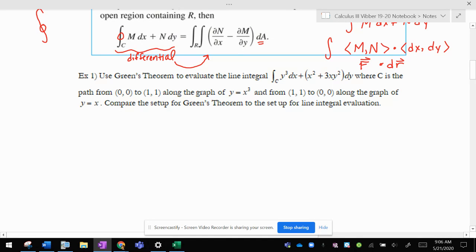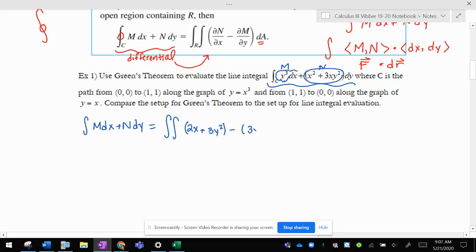So if I want to use Green's theorem to evaluate this line integral, I would call this M and I would call that N. And Green's theorem would say that if I want to do the integral of M dx plus N dy, I can rewrite it as a double integral of ∂N/∂x, which is 2x, plus... minus ∂M/∂y.